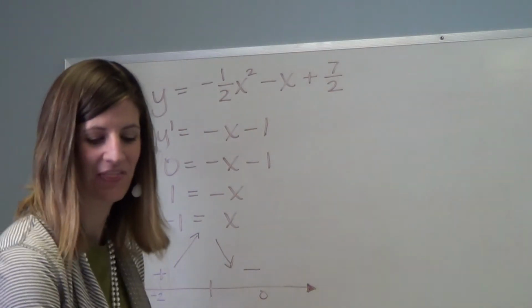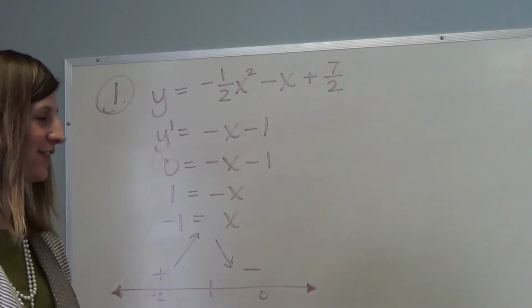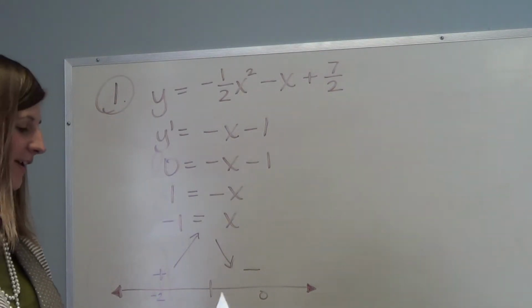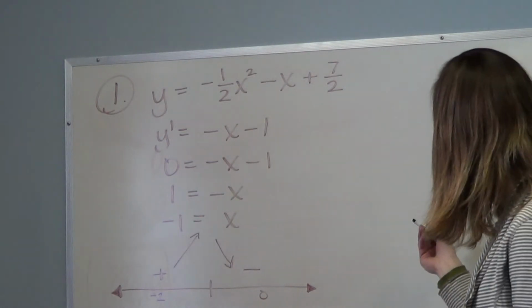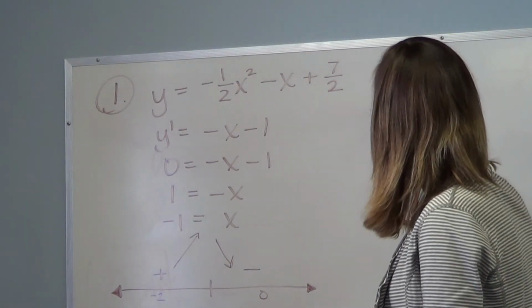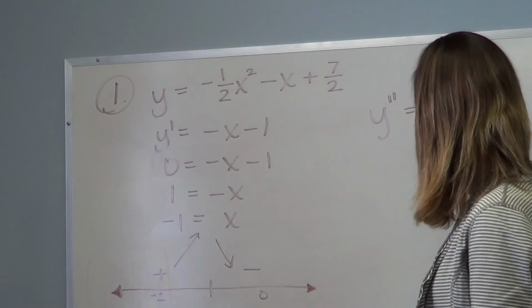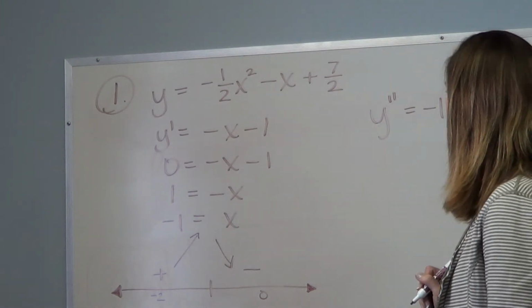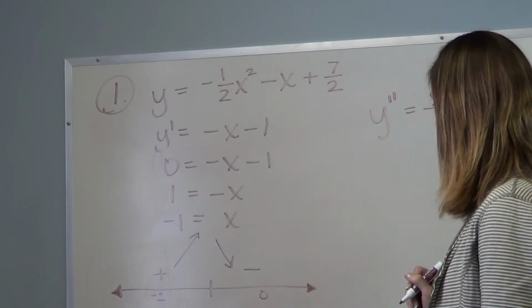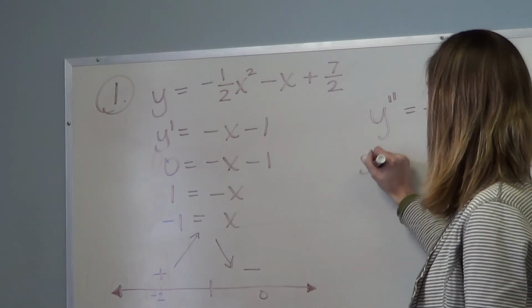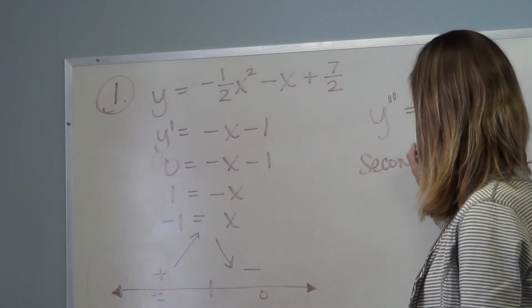Okay, so now we need to find where it's concave up and concave down. So then you have to find the second derivative, which is -1. Second derivative is -1, right? So that tells us it's concave down for the whole time.